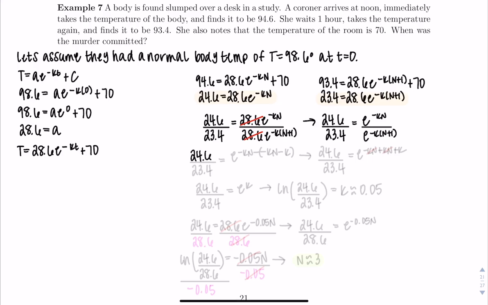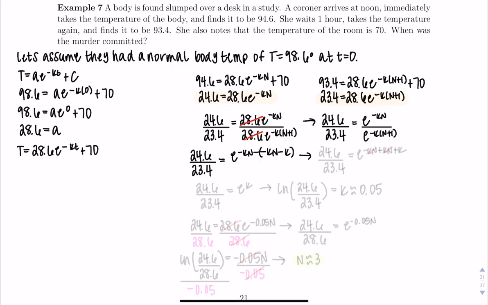I'm going to simplify the right-hand side a little bit using those rules that we learned from a previous chapter. So that's e to the negative kn, and then we have minus negative kn and negative k. I just distributed the negative k on the bottom to both pieces, and then when we bring it to the top we end up subtracting.